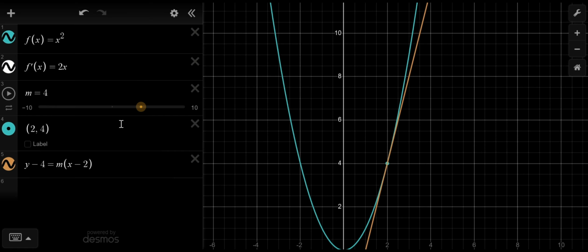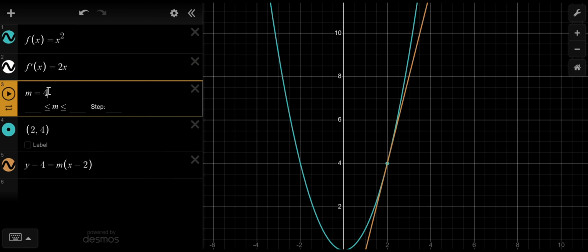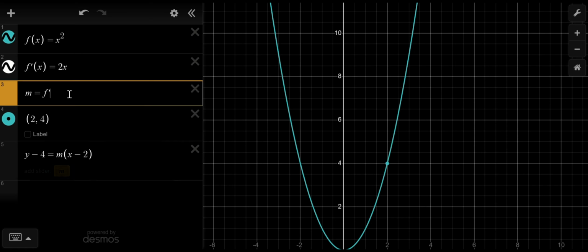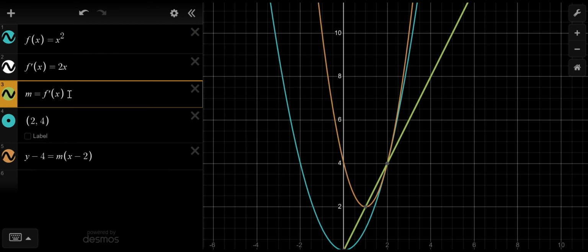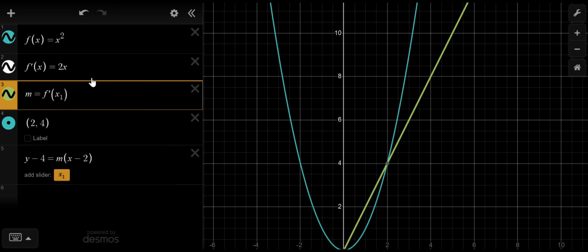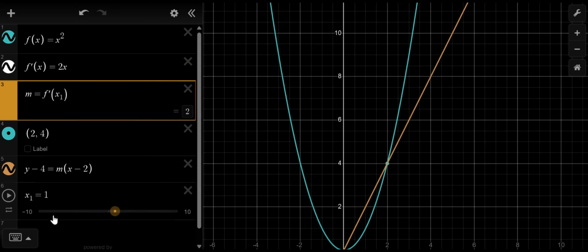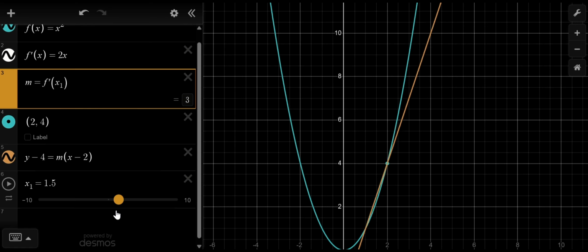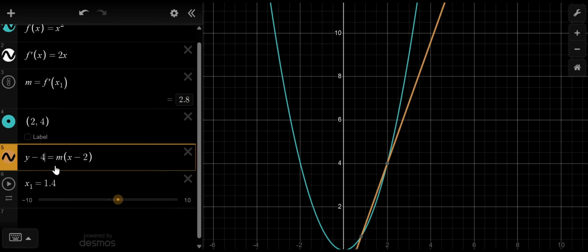But here's the thing. It doesn't just apply to this. m is f prime of some value, say x1. And here's what else we're going to do.